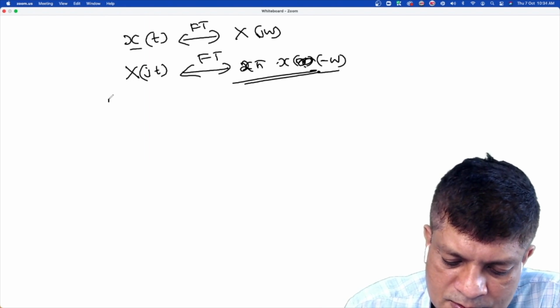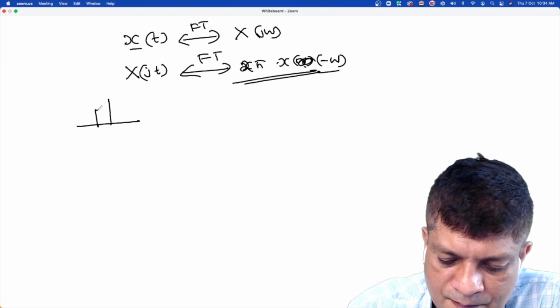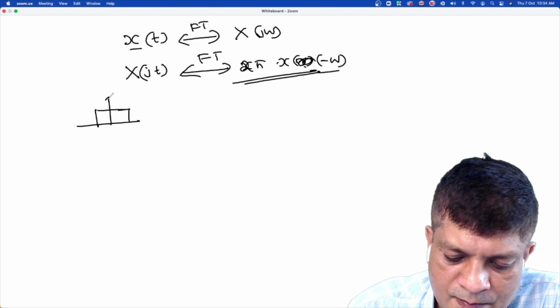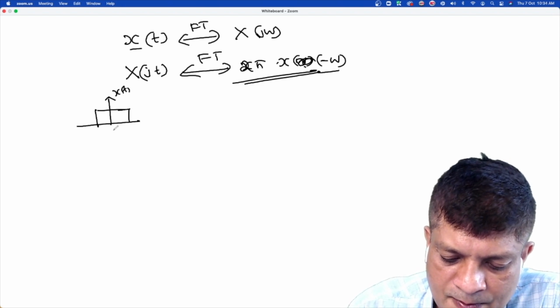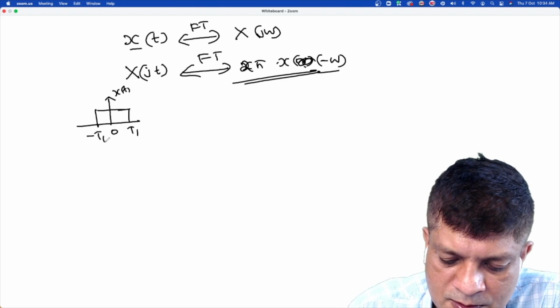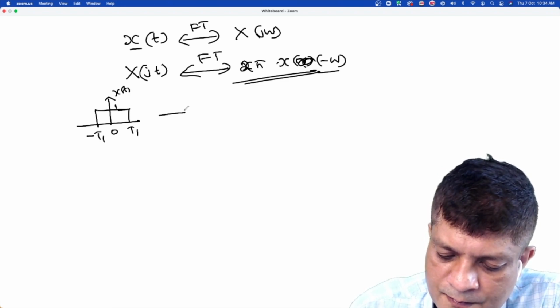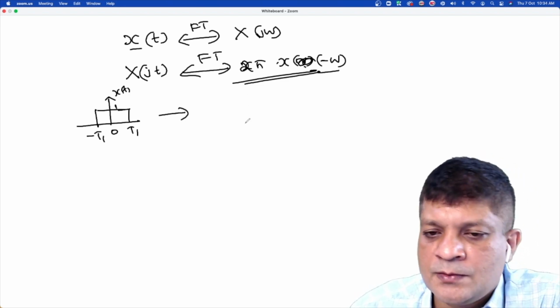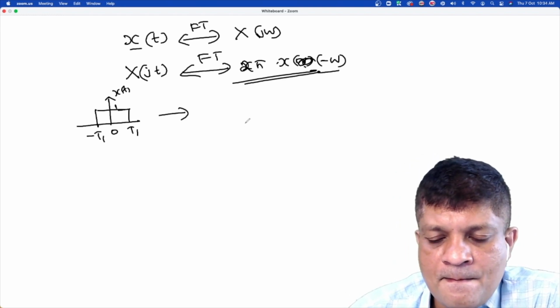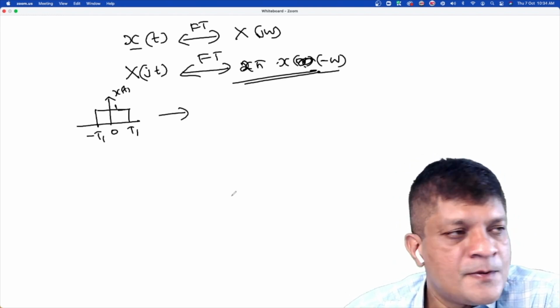Let us consider this example. This is x(t), 0 outside, between minus t1 and t1 it is 1. What is the Fourier transform, the exact expression? Do you have the formula sheet?